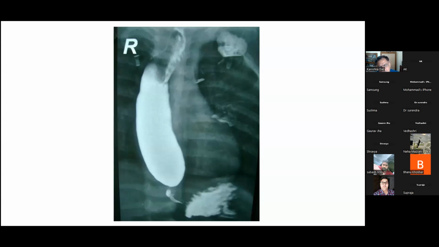Starting the child on antacids, then along with that, dilatation is one form of management which is done. How successful is dilatation in managing this vis-a-vis cardiomyotomy?